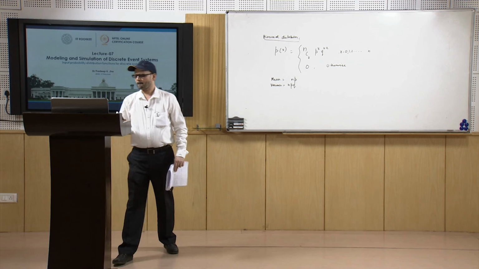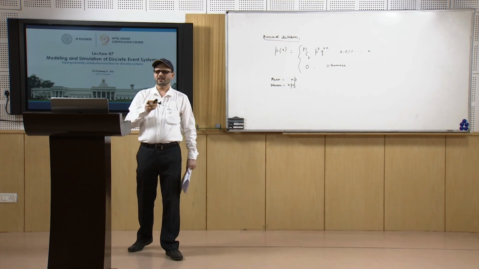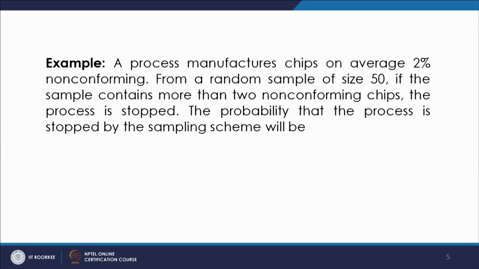Now, let us see an example problem where a process manufactures chips, and on average 2% are non-conforming. From a random sample of 50, if the sample contains more than 2 non-conforming chips, the process is stopped.